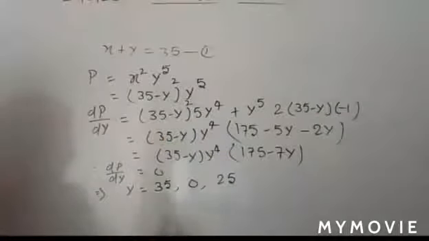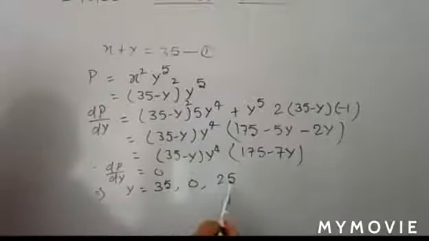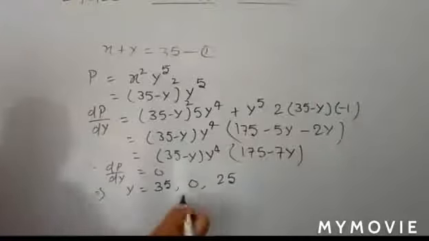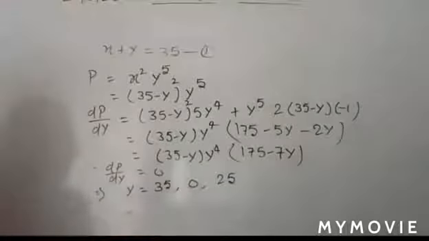So from these three values, 35 and 0 are not possible. So you have to take only 25. Understand? So note that point also. Y equal to 35 and 0 are not taken. So the value of y is equal to 25.